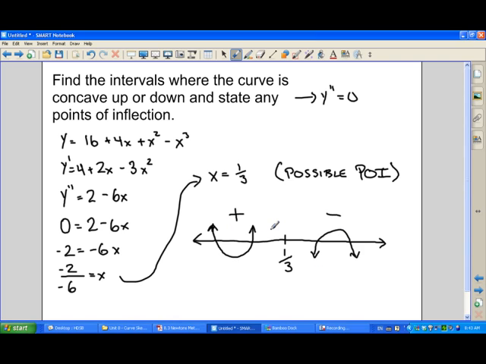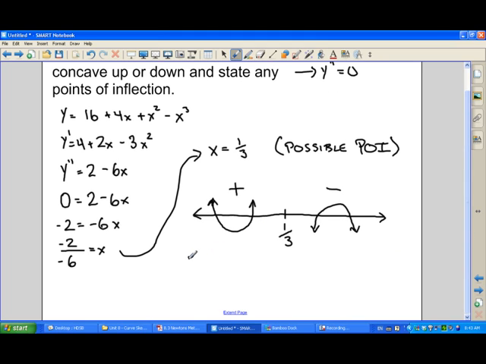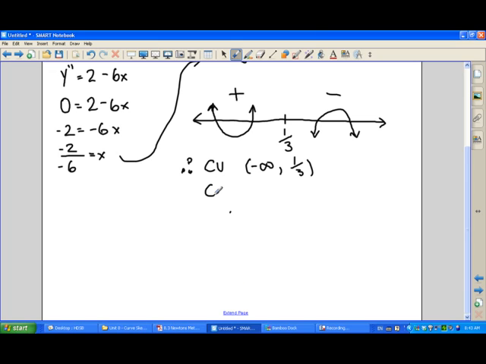And now we can see that the concavity changes around 1/3, which means that our function is concave up between negative infinity and 1/3. Our function is concave down from 1/3 to positive infinity. And there's a point of inflection at 1/3, and, well, we don't know the other point.